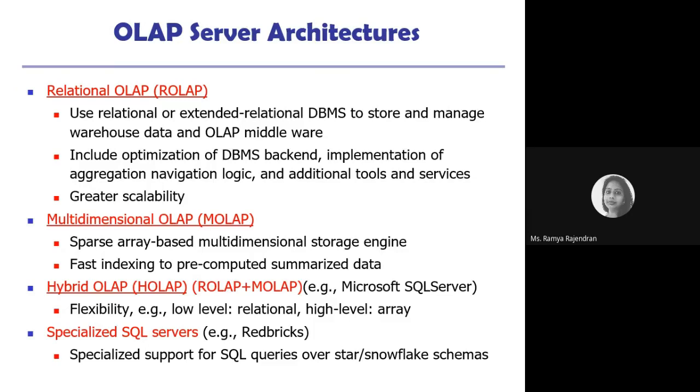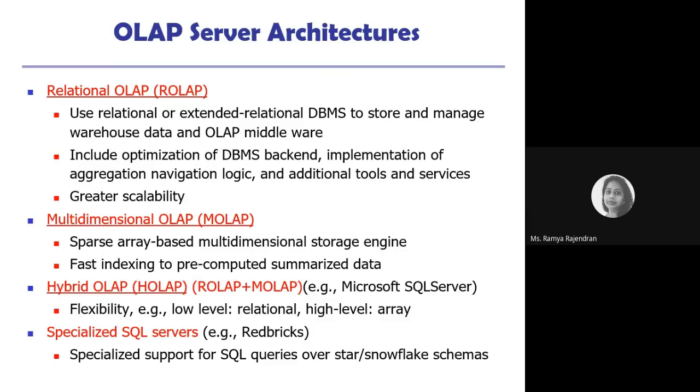So either you can go for a relational OLAP or multi-dimensional OLAP, called MOLAP. Here the data is stored sparsely. It's sparsely arranged, and it is easy to index and create pre-computed data cubes and store them when you go for multi-dimensional OLAP.